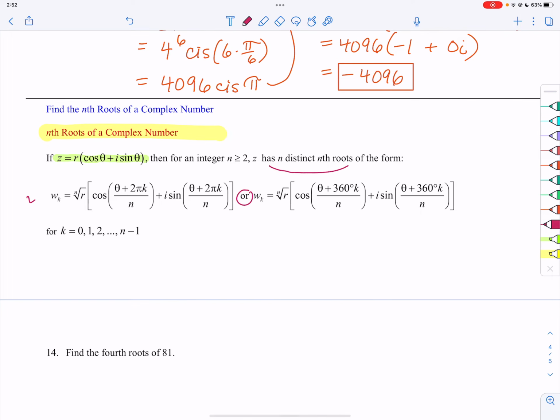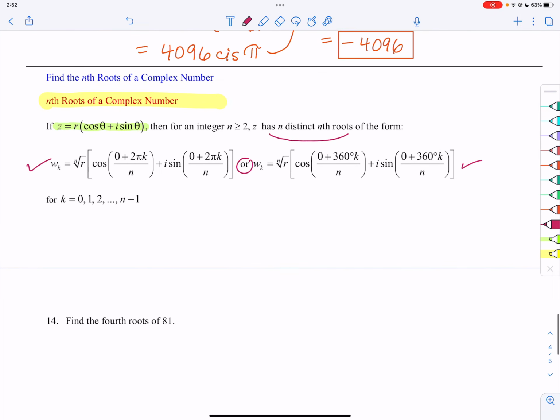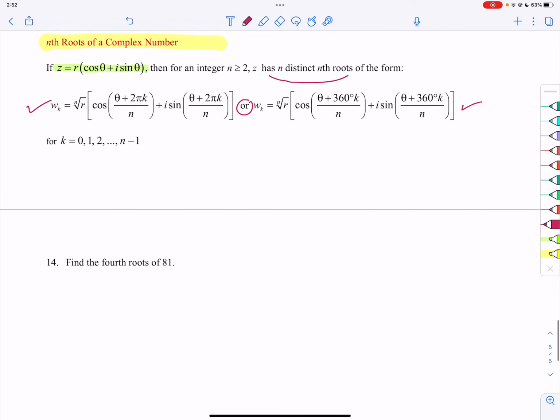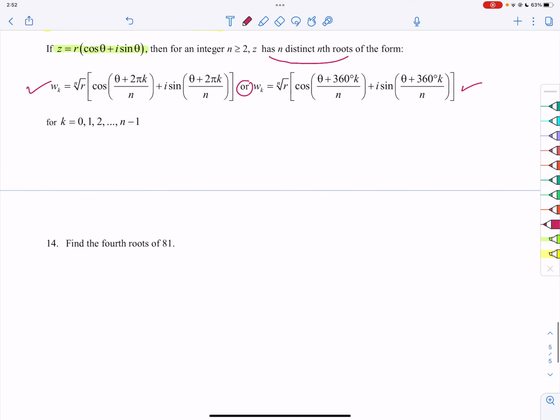So it will be this form or this form. So let's find the 4th roots of 81 using this, and we'll just take our time here.